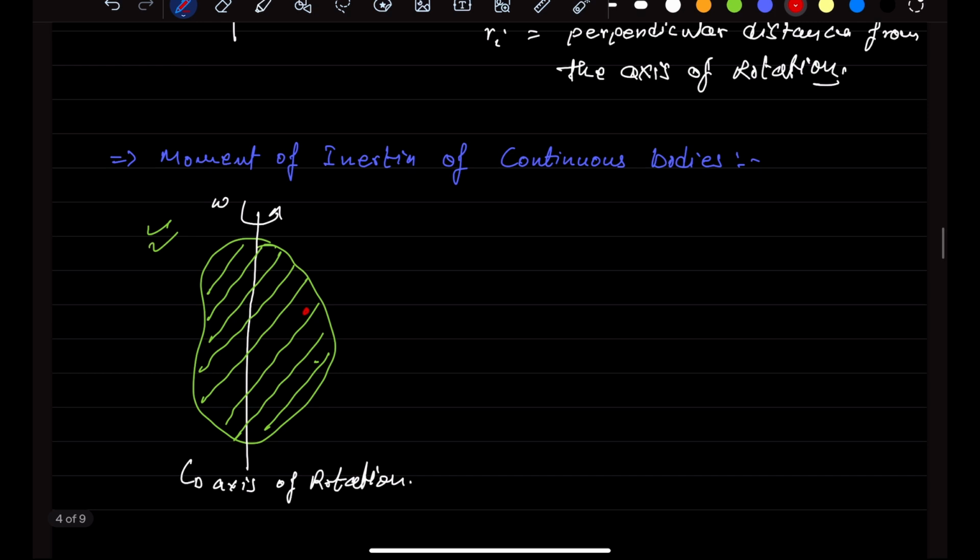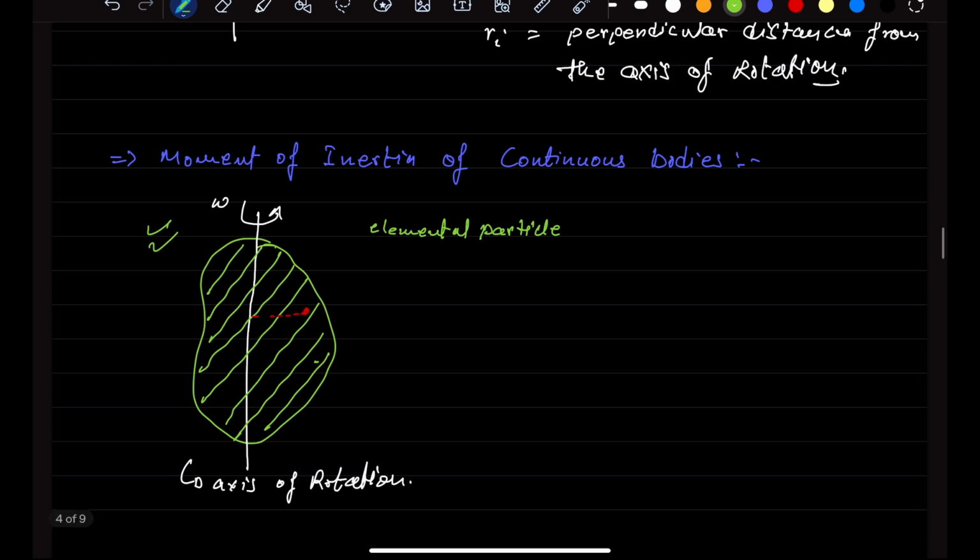So I'm taking an elemental particle, and for this elemental particle let me define something. I'm taking this as an elemental or infinitesimal particle. It means the size of this particle is approximately 0.